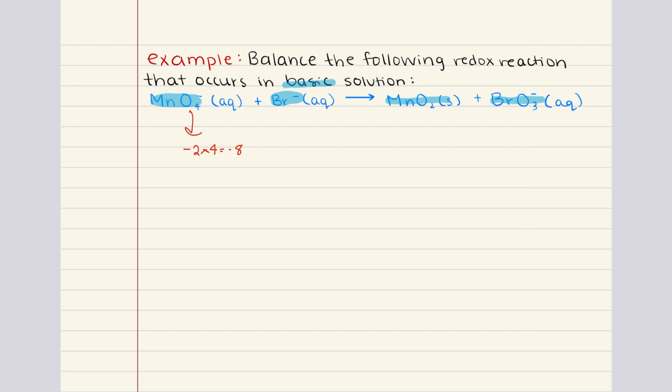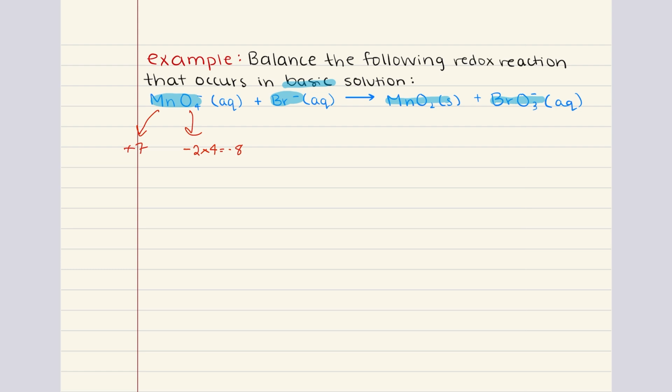Now, the total charge for the permanganate ion is -1. So in order to ensure that the sum of the oxidation states add up to -1, manganese needs to have an oxidation number of +7. +7 minus 8 gives us -1, which matches the charge for this ion.